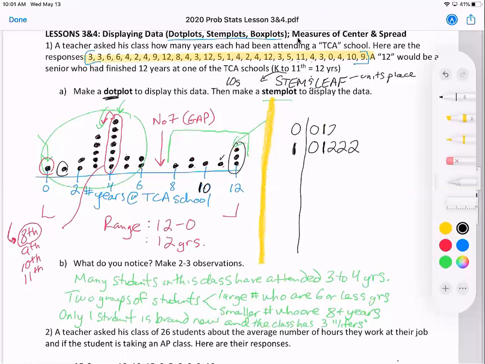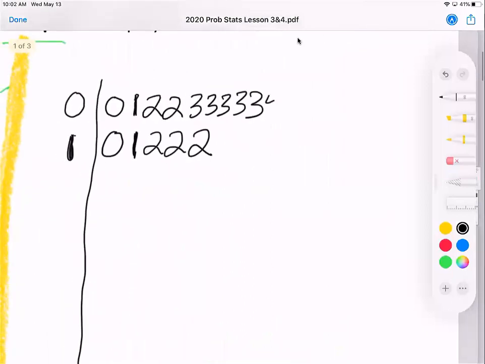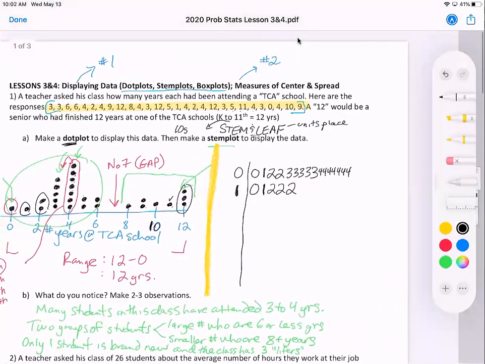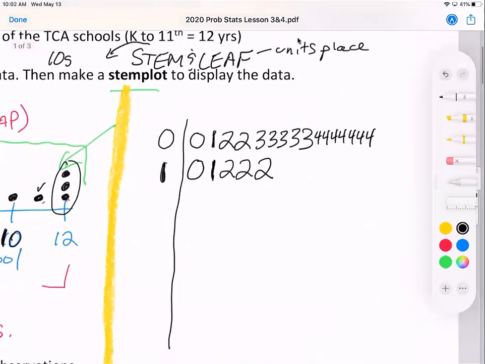You have 2 2s. There's that. You have 5 3s. 1, 2, 3, 4, 5. You have 7 4s. 1, 2, 3, 4, 5, 6, 7. You have 2 5s and 2 6s.